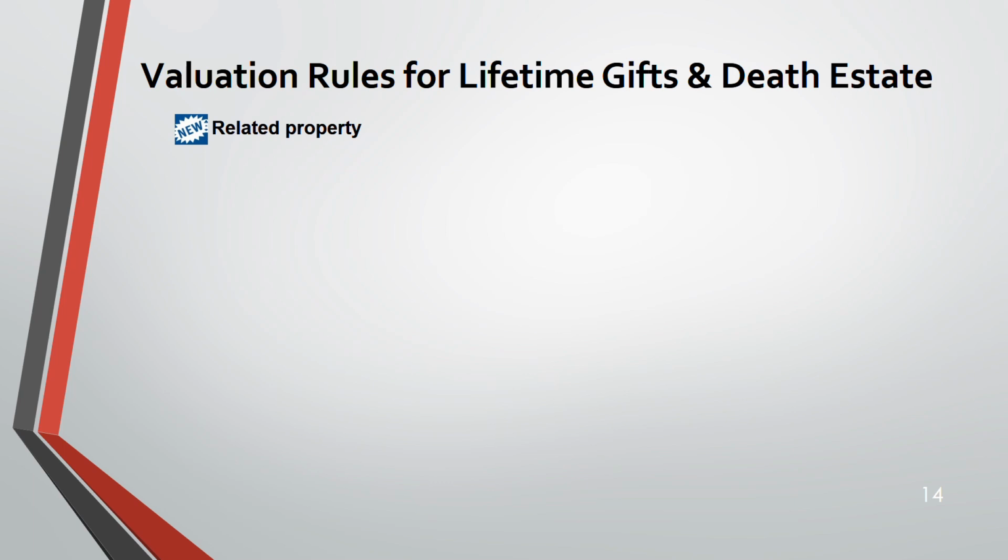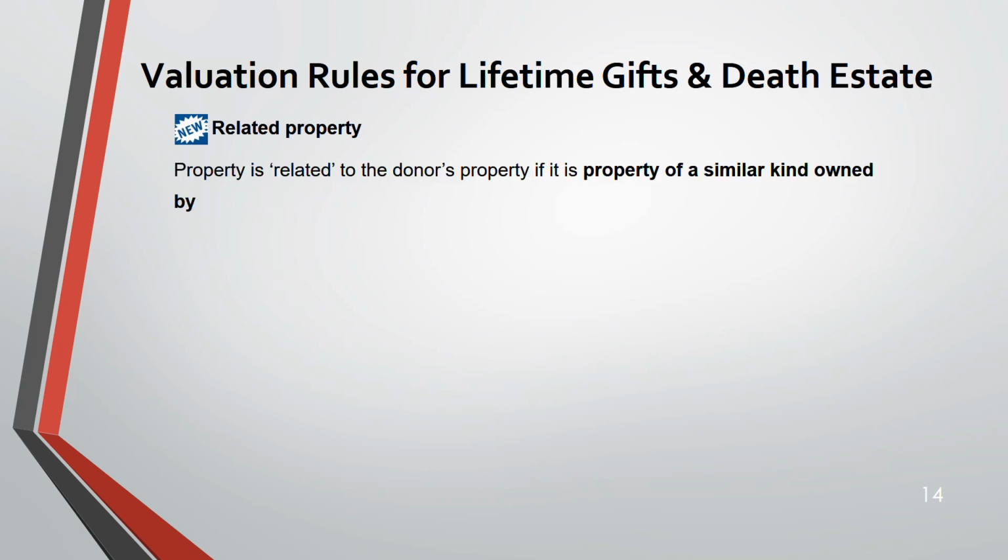So we finished with quoted shares and securities, unquoted shares and securities, unit trust. Now we are moving on to the fourth valuation rule, related property. Related property is a question which is very likely to come in your ATX exam because this has a variety of areas for you to test.